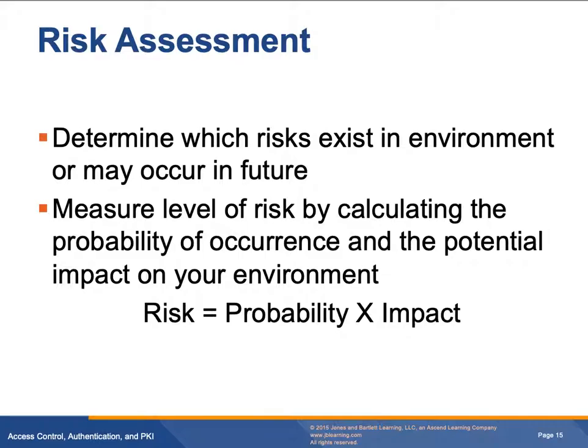And on the opposite end, we talked about this. If the probability of it being accessed is low, it's a low risk to the environment, and the impact's low, it may be a resource that you may not need to protect.